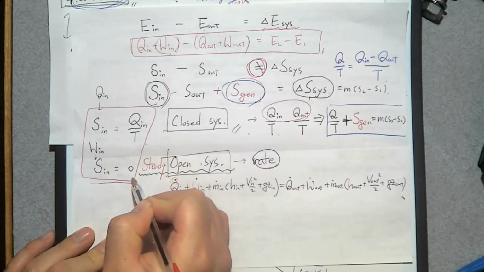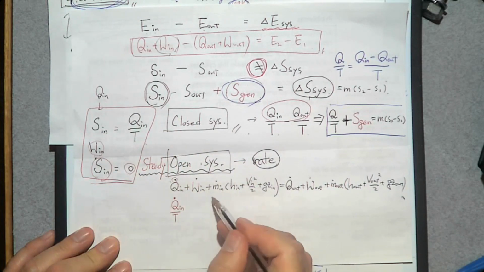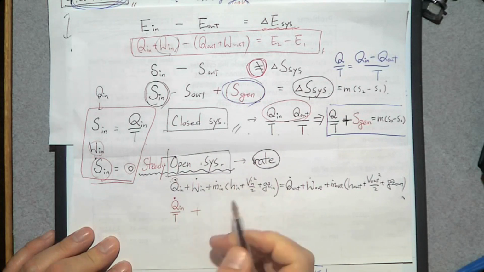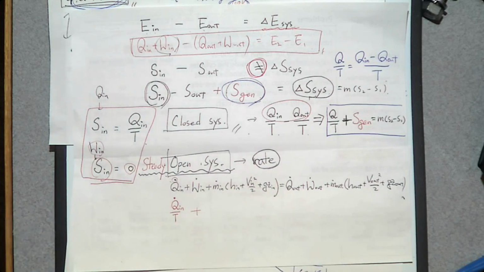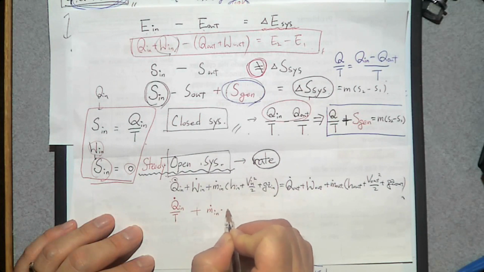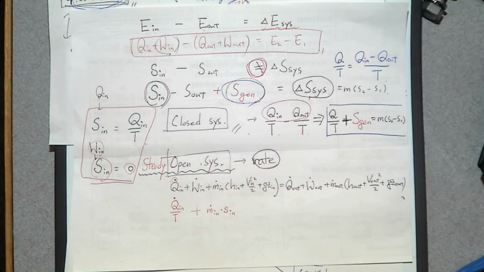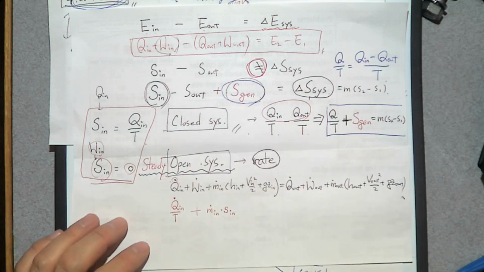So entropy transfer due to work is going to be 0, so there's nothing here. Plus, what about entropy transfer by mass? Then it's going to be mass times specific entropy. So here we have m dot at the inlet times specific entropy at the inlet. That's it for entropy transfer that goes into a system.